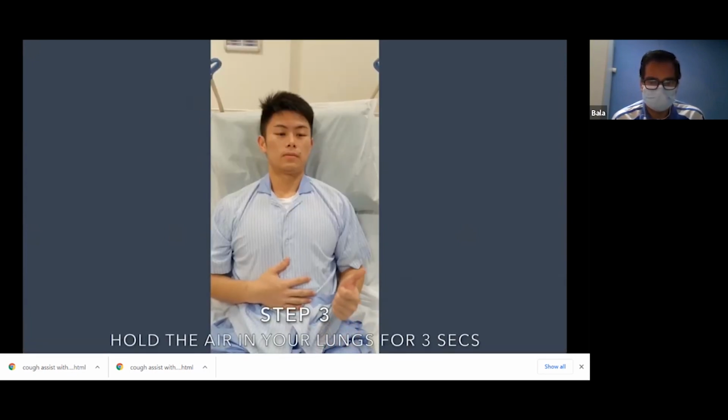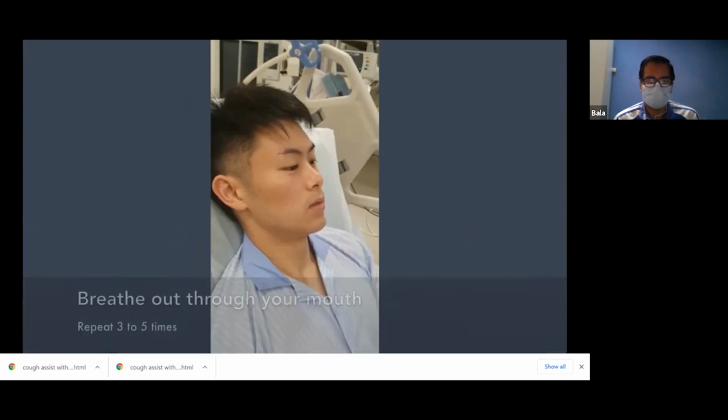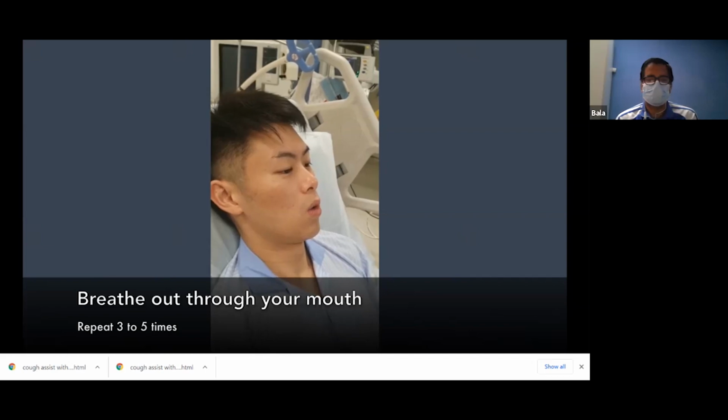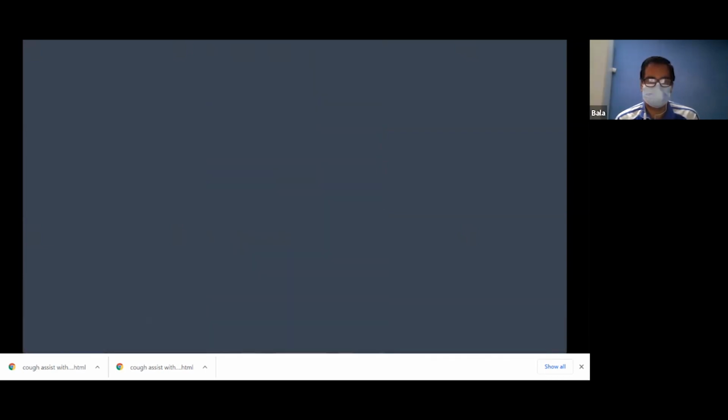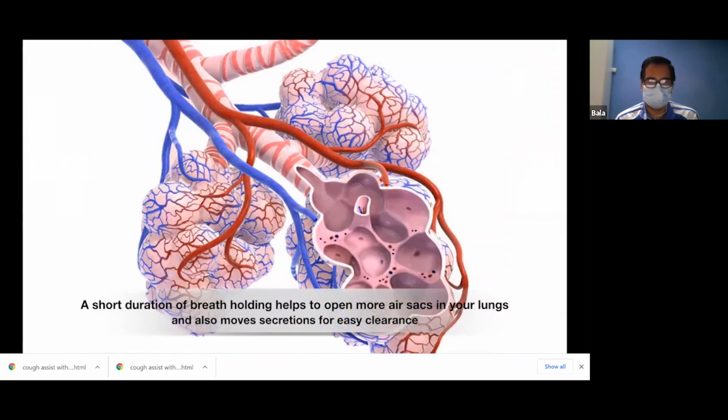Breathe in through your nose, filling up your lungs, and hold your breath for 3 seconds, counting 1000, 2000, 3000. Then slowly breathe out through your mouth. Repeat this 3 to 5 times. A short duration of breath holding helps to open more air sacs in your lungs and also move secretions for easy clearance.